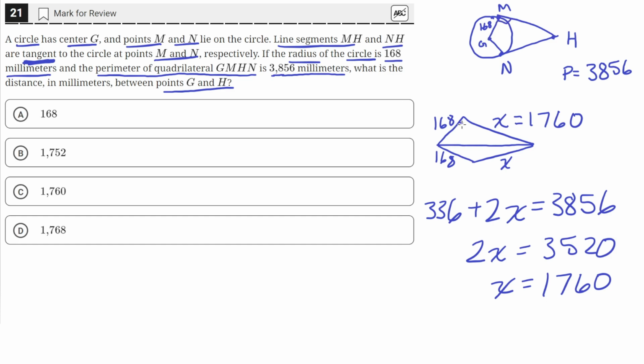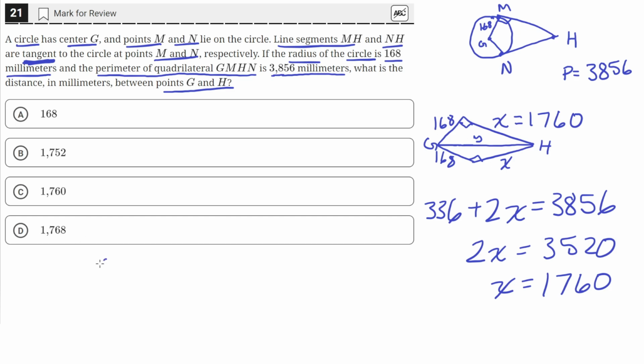So if we split this quadrilateral in half across this segment that goes from G to H, we have a right triangle up here. So we can find the length of this hypotenuse, we'll just call it y, by using the Pythagorean theorem on this triangle.